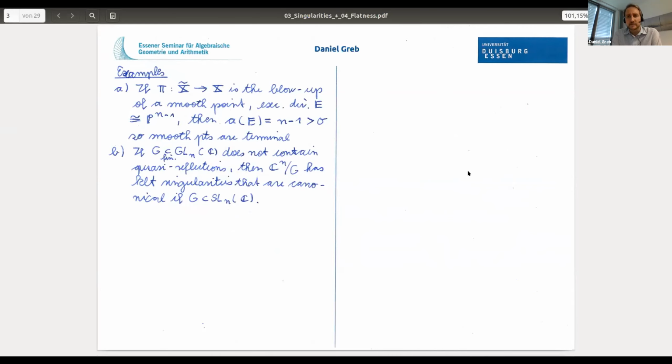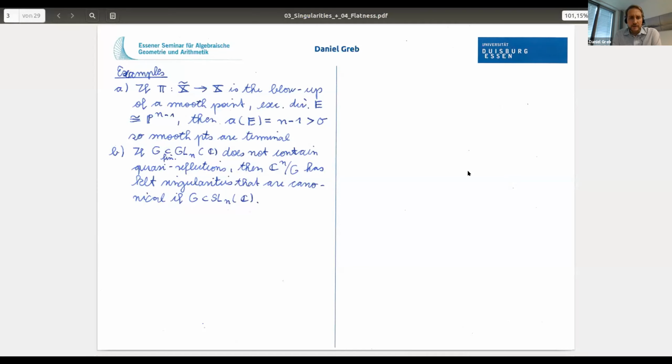In some sense, the definition of terminal is made so that you have singularities which are as close to smooth as possible. The second example is if you take a finite subgroup in GL_n, without quasi-reflections, so that you don't produce smooth quotients.